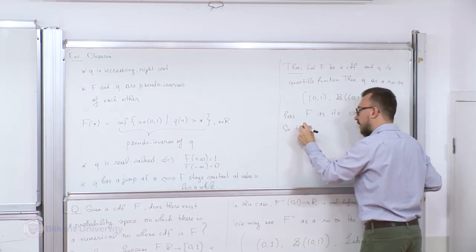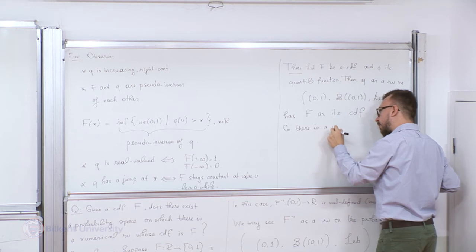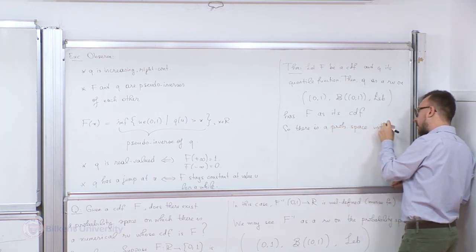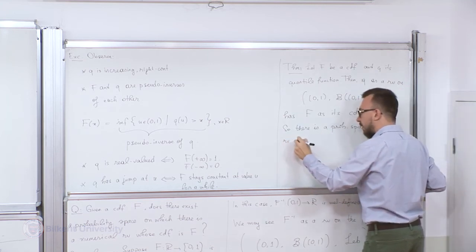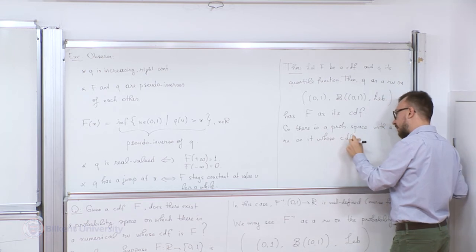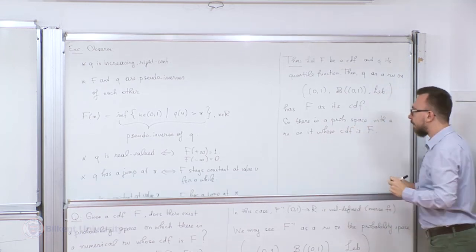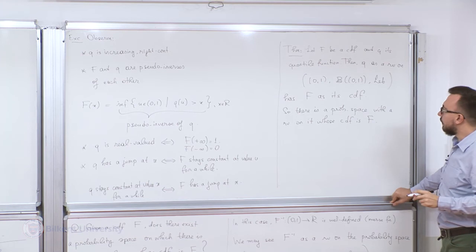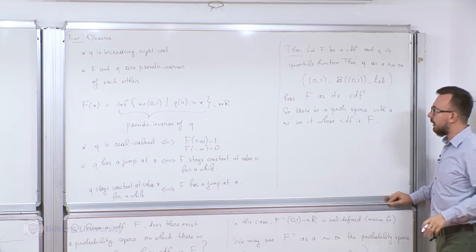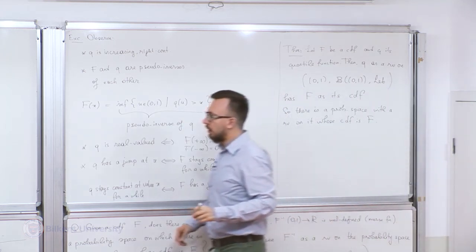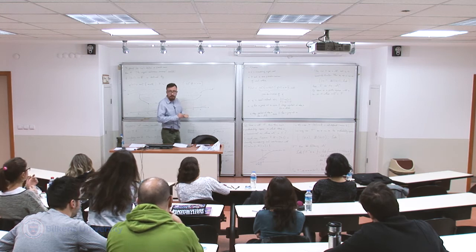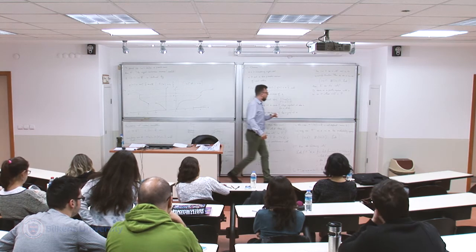So there is a probability space with a random variable on it whose CDF is F. So the same thing works in the general case as well. Maybe we should just state the corollary first to show this point.